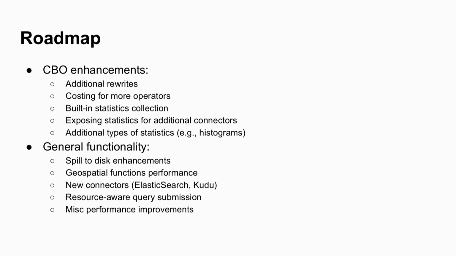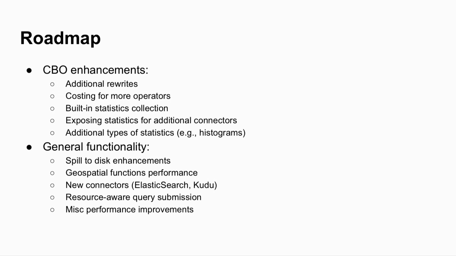We are considering building built-in statistics collection for Presto so that you can run analyze table in Presto rather than rely on Hive or other tools to collect stats during the transformation and loading process. I think this will be very useful for users who don't have Hive in the picture anymore, which is an increasing number, especially in the cloud.